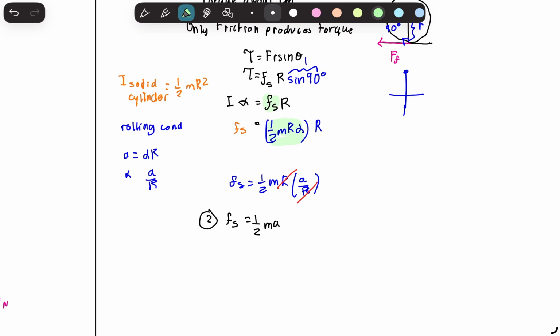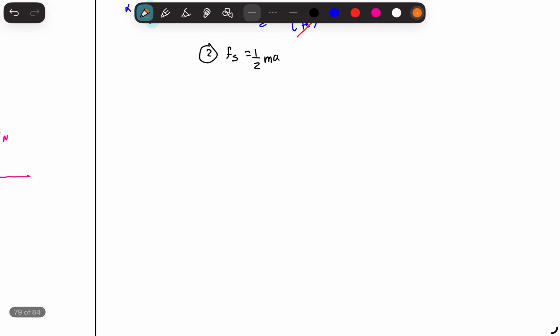Here you have alpha equals a over R, so then your R is over there, and you can divide by R. Now with our second equation, we can solve for acceleration with our equations 1 and 2.